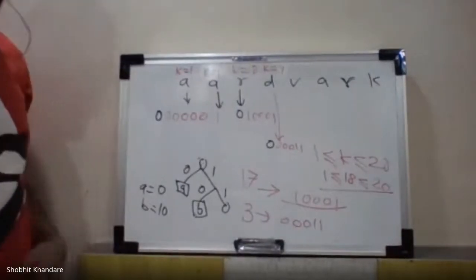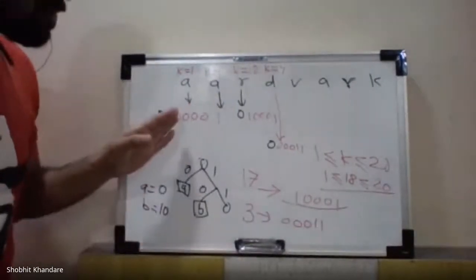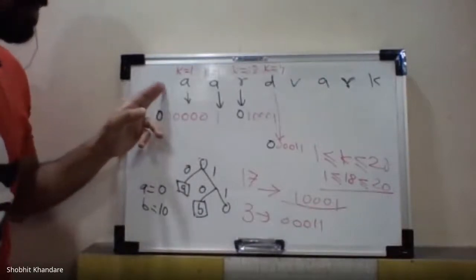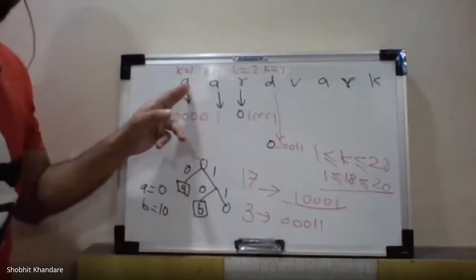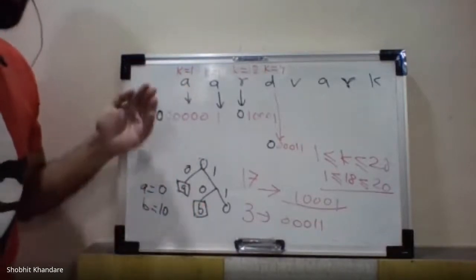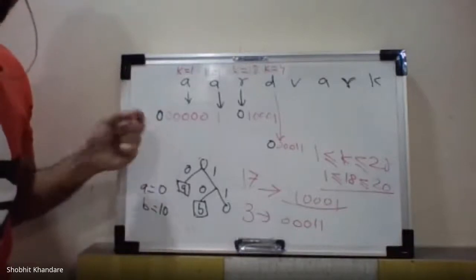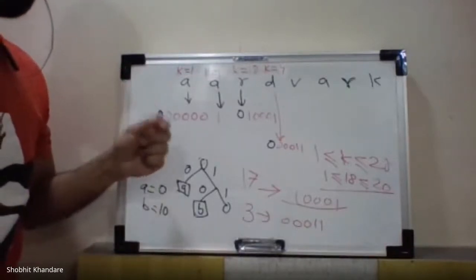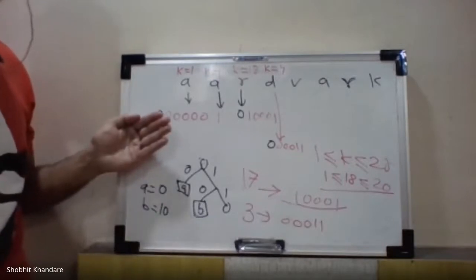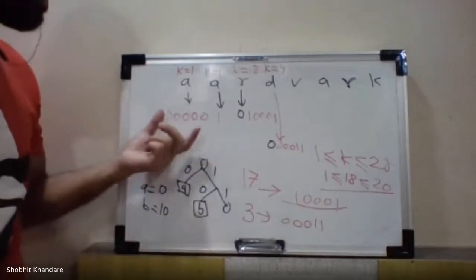Yesterday we have seen how to encode. So we have started with the message. We have updated the tree. With that updated tree, now we have to use it as a reference. Taking that reference, we have to build up the encoding.